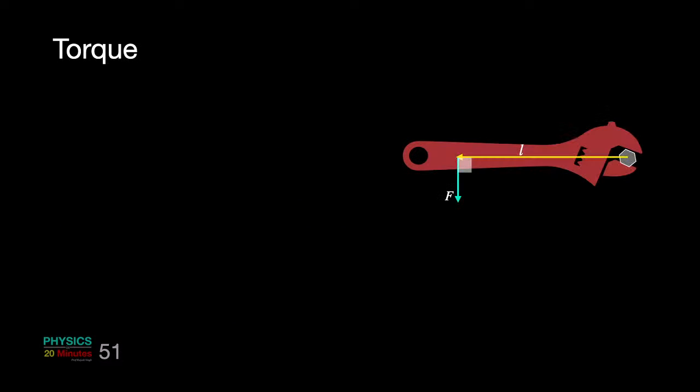So let's consider torque first. So this is a familiar wrench. It is used to tighten or loosen the nuts and bolts. Now consider a wrench here where we apply a force F in a direction which is perpendicular to the shaft of the wrench.